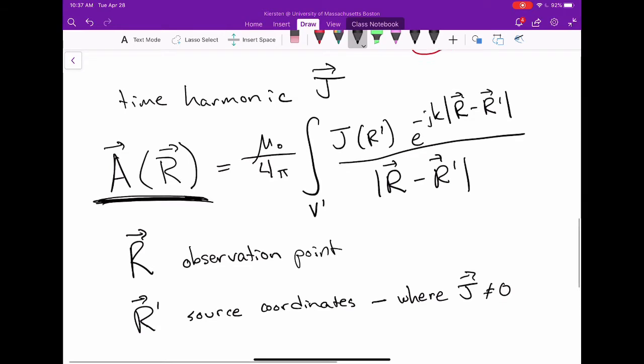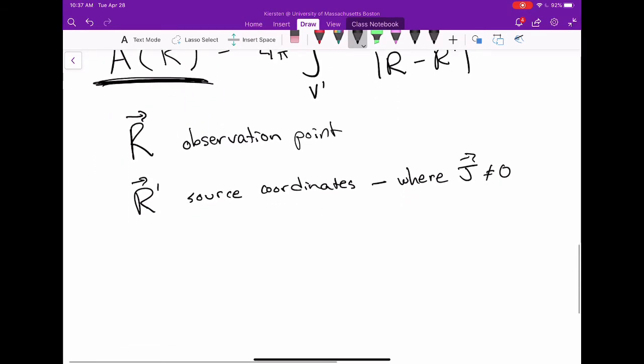So graphically, this might look like this. We have some source distribution with some currents on it, J, and if this point is the origin, r prime will take on values within this region where J is.